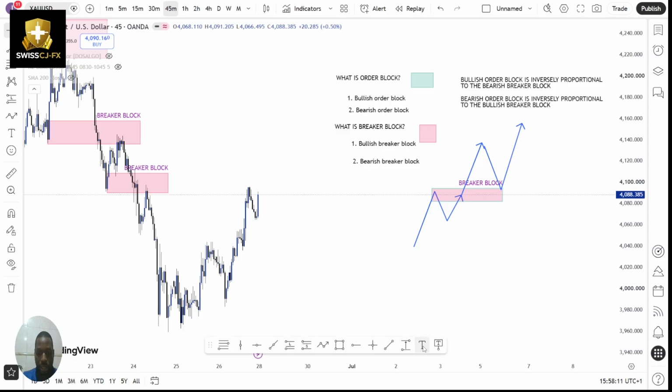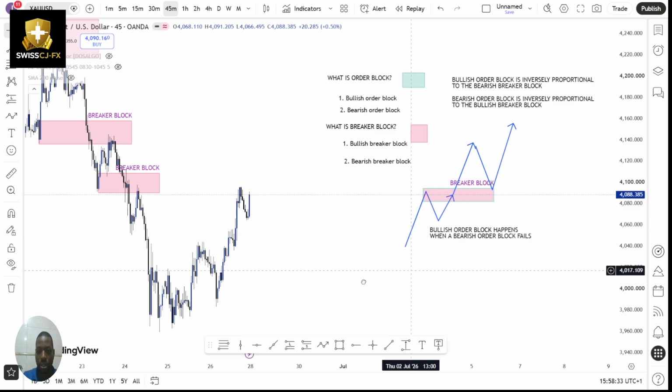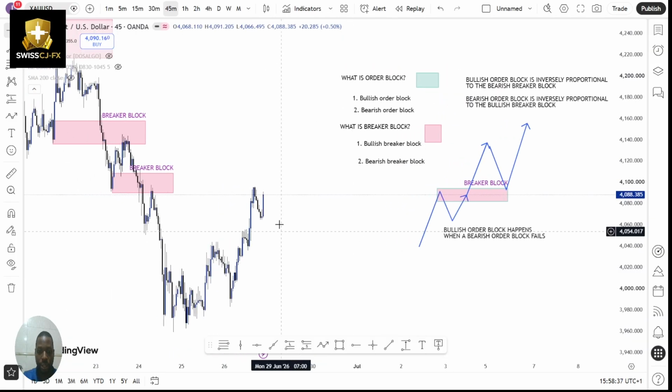So let me just write it there. So a bullish breaker block happens when a bearish order block fails. And so this is just exactly how it is.